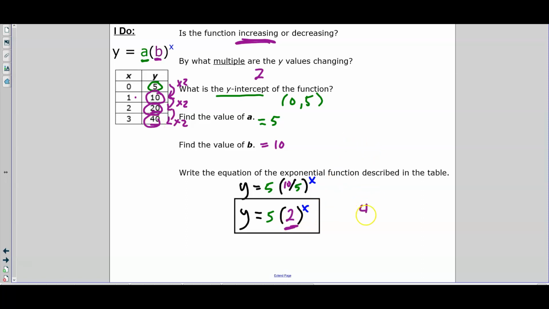If I take the 40 and divide the number right above it, which is the 20, now you can see that 40 divided by 20, well, that is 2. Okay, so it's possible that we could have got the 2 that way, instead of looking for the number in front. So just saying, anytime it's exponential, you can do that. That's always going to be the number inside the parentheses. Take any number on the y and divide the one before it.